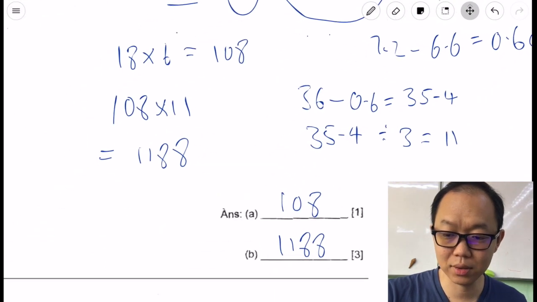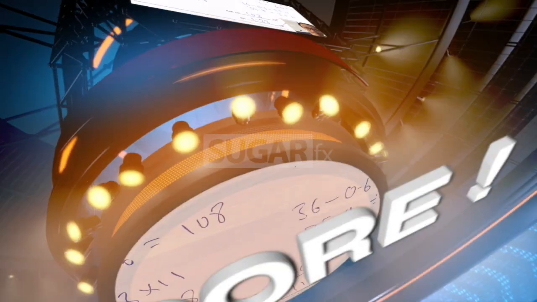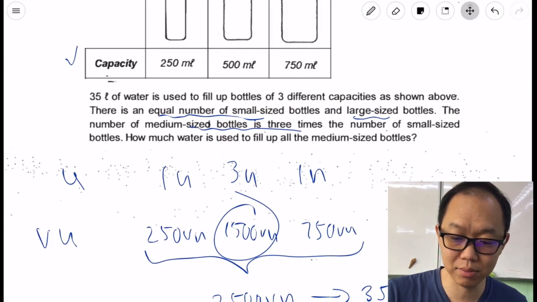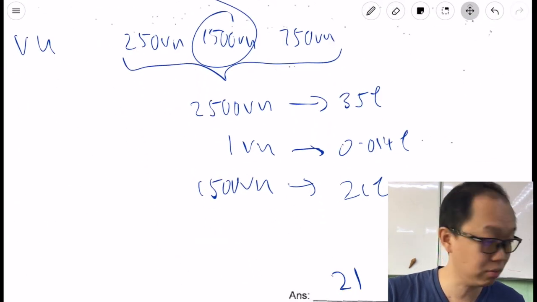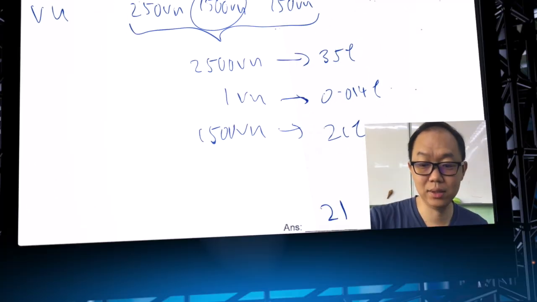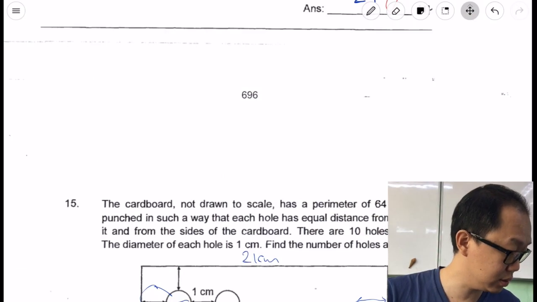Okay, let's see the box question. Okay, so box question. Yes. Next. Yeah, I was a bit skeptical about this, but okay. Next one, the bottle question. The answer is 21. Yes, 21 liters. Next one. 15, the cardboard question.